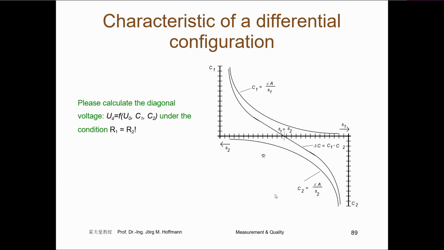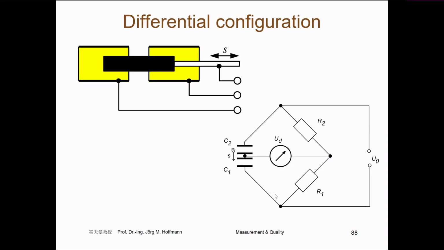Important is when you have sensors which have a non-linear curve, but the non-linear curve has a physical reason, so that it is every time exactly the same, then you can use the differential configuration to get a linearization.